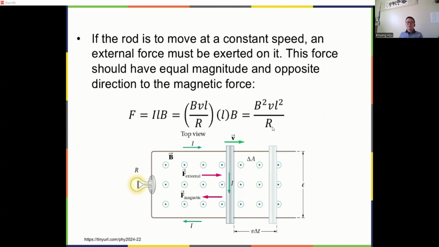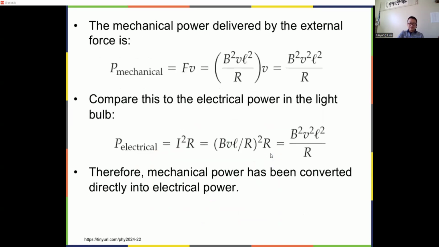And because of that, in order for this rod to move to the right at a constant speed of V, you need to pull the rod with an external force, which should be equal to this magnetic force. Because you are pulling it with an external force, you are applying a mechanical power on the rod.